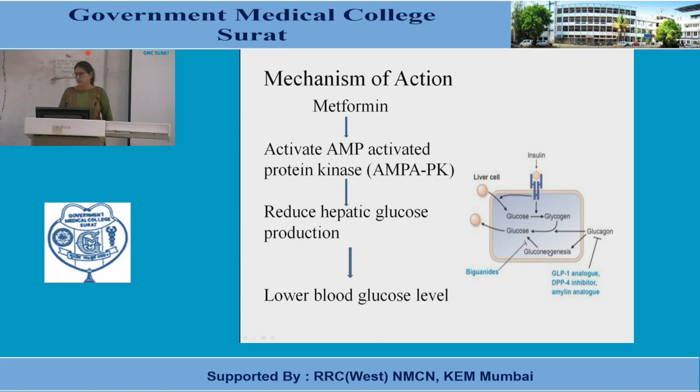So here, glucose is normally converted to glycogen, and this glycogen, in times of famine or hunger, should be converted to glucose by gluconeogenesis under the influence of glucagon, to be used by the body when there is hunger or famine. But in diabetes, there is plenty of blood sugar, in excess. There is no famine. So this conversion of glycogen to glucose in the liver cells is arrested by the biguanide metformin.